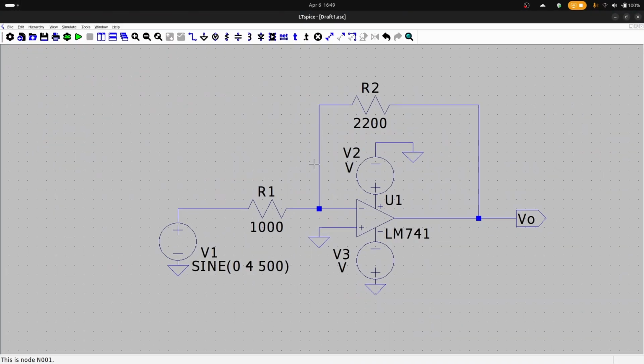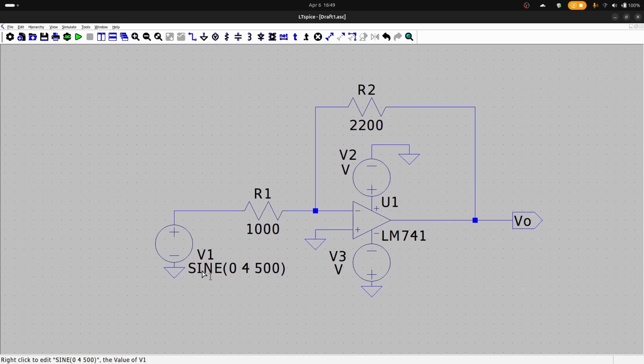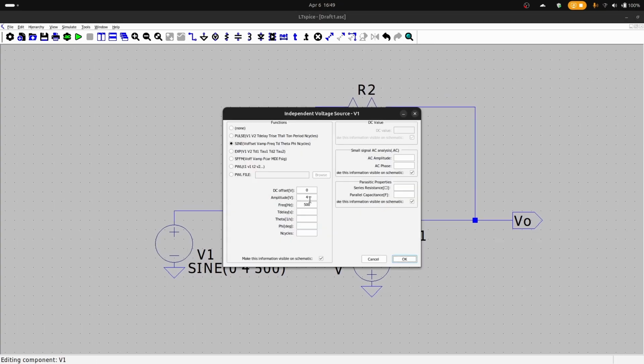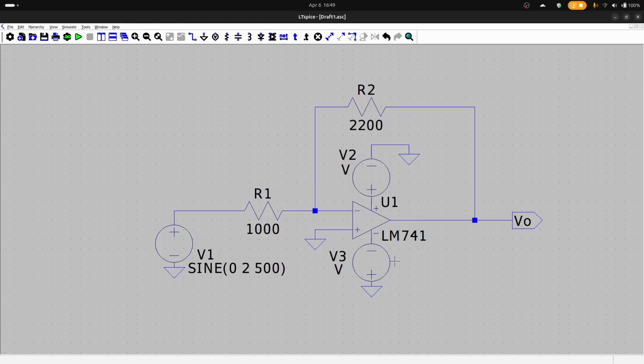I have my LTspice here. Now let's verify this circuit with transient analysis. I just have to change one thing. I'll change the amplitude of the power supply to 2 volts so that we can see a 4-volt output.